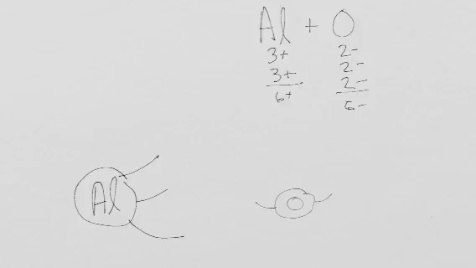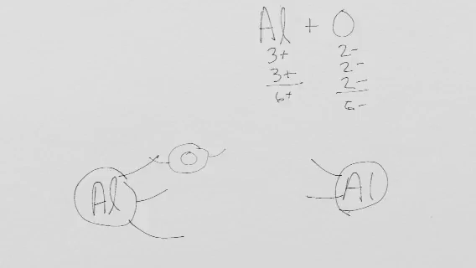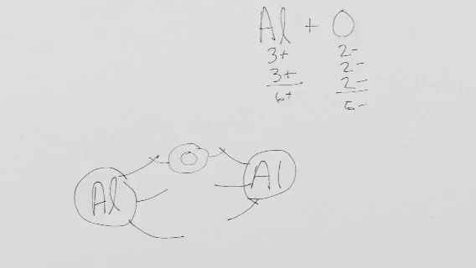So I'm going to put this guy right here, and I'm going to come up with another aluminum, and I'm going to bond my 3 here, and I'm going to move it over so that it can bond with one of those oxygens. Do you see that?